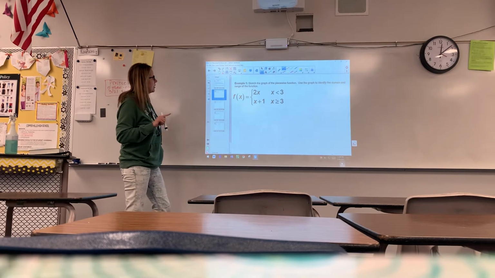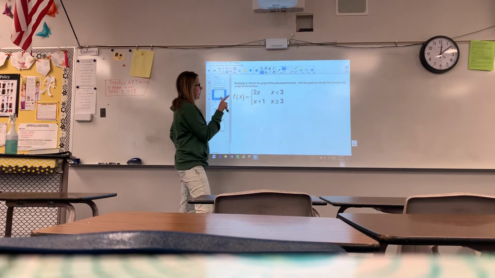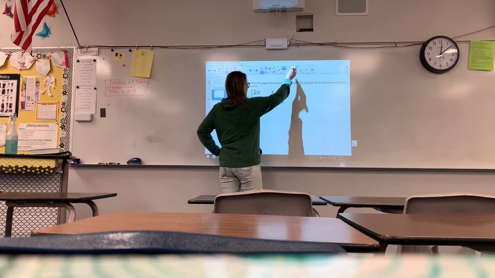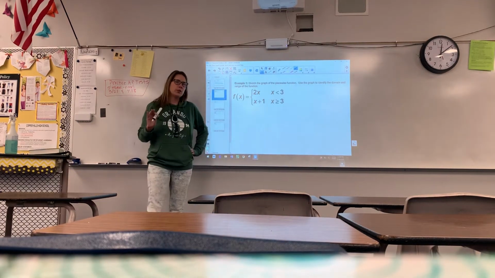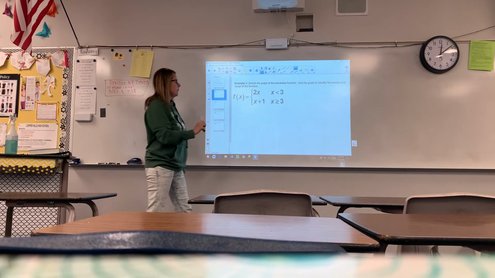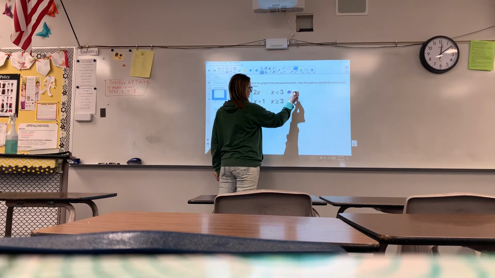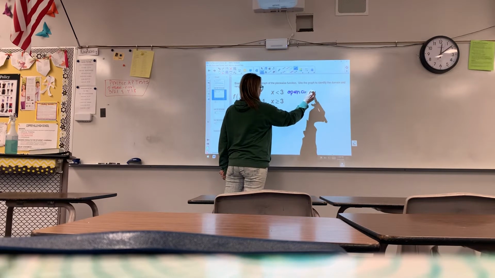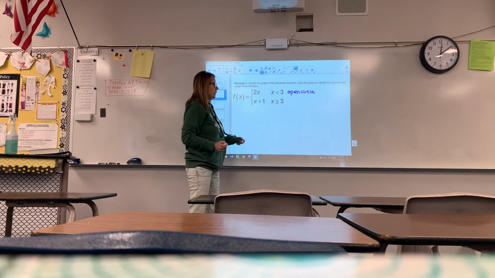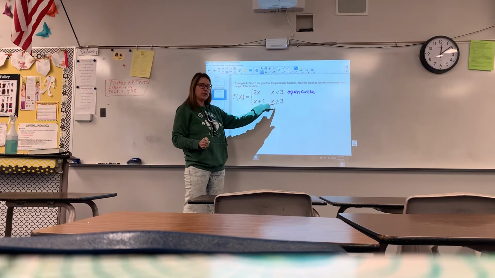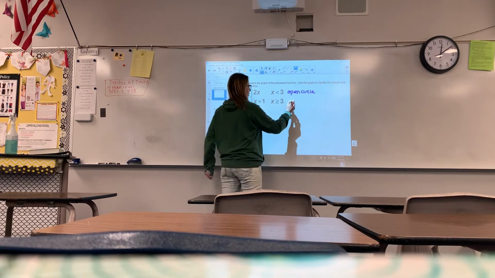Okay? So first we're going to sketch the graph of the piecewise function. The blue part is identifying if it's an open or a closed circle. If this says x is less than, that's going to be an open circle. And if it has an equal to sign underneath it, then that will be a closed circle.